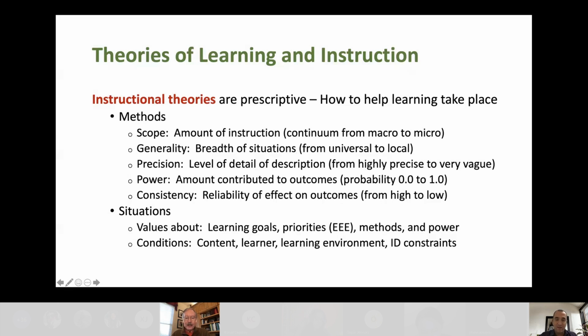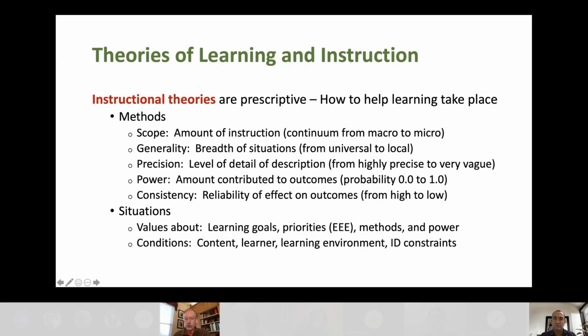Okay, great, thanks. So I was saying the nature of the learning environment will influence the methods that you choose to some extent, whether it's internet-based learning or in the classroom or on-the-job training. ID constraints is also something that can influence the instructional methods you choose.